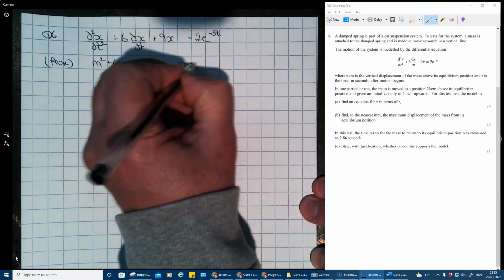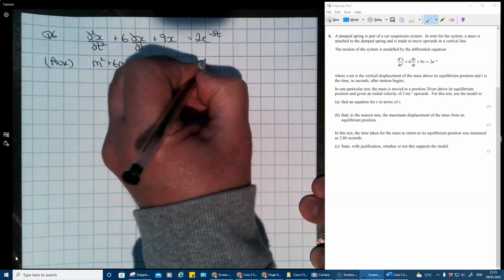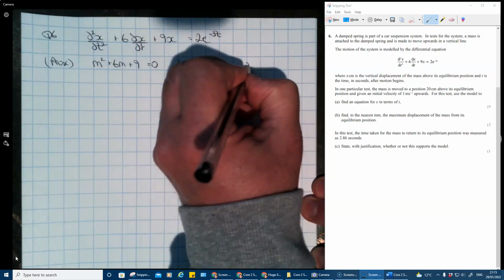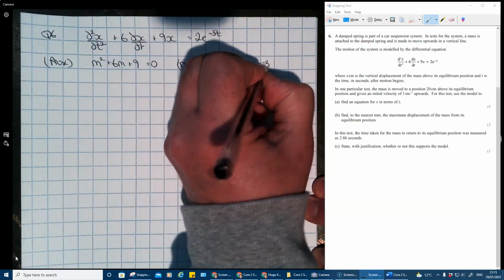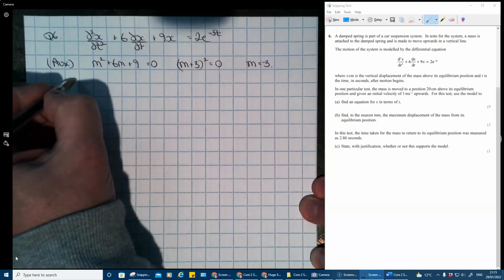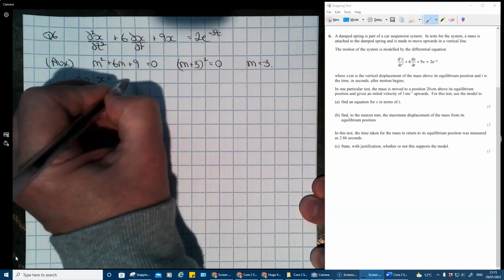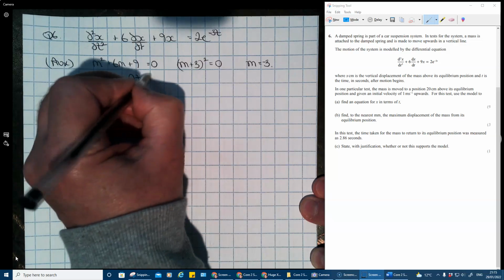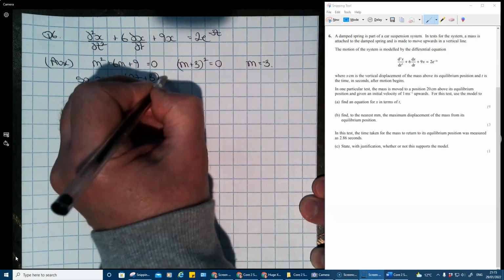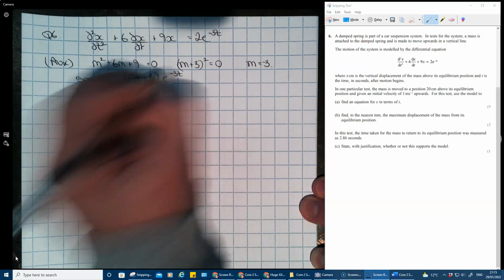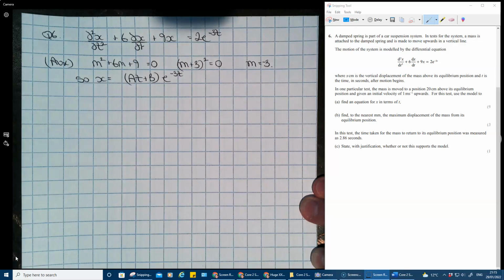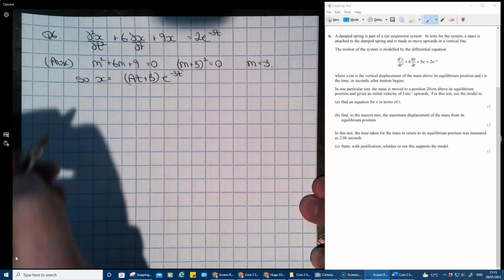So we've got (m plus 3) squared equals 0. M equals minus 3. So we've got x equals (at plus b) e to the minus 3t. That's the solution to the complementary function.